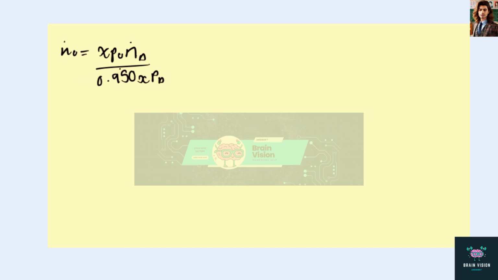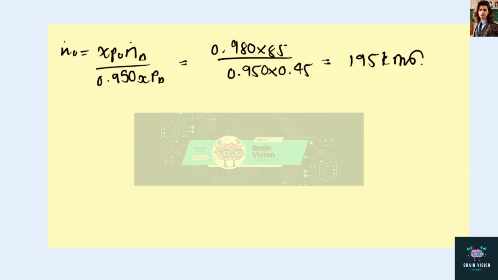So then we just plug in our values. We get a value of 195 kilomole per hour.